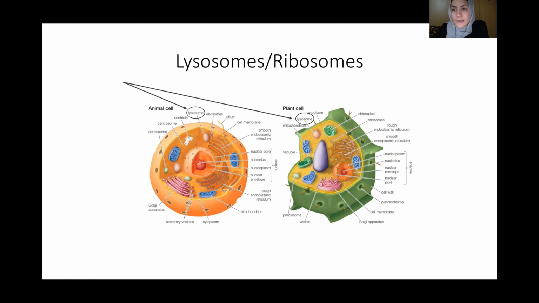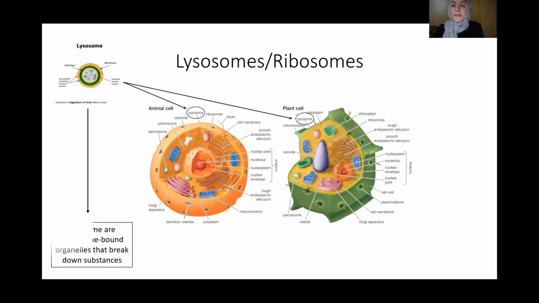If we zoom in on both of them, this is how they look. They look like this with different structures, and these structures are all involved in digesting food in the cell, and they break down any substance in the cell. So if anything comes in, like a pathogen or bacteria, they just get in and boom, boom, boom, break it into super small substances, so they get rid of it in the cell.